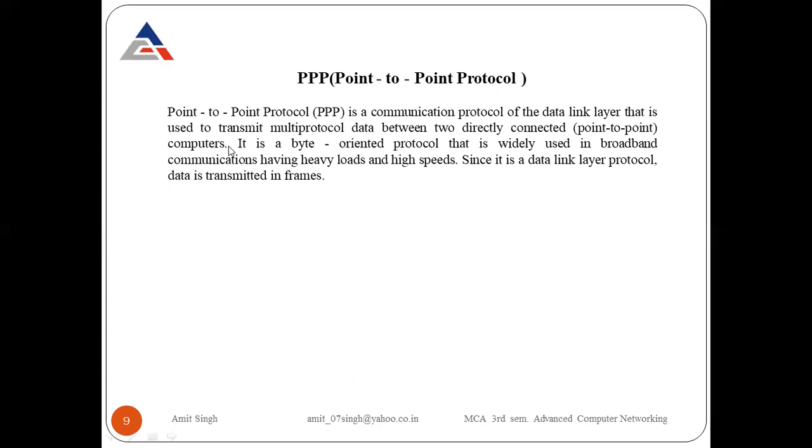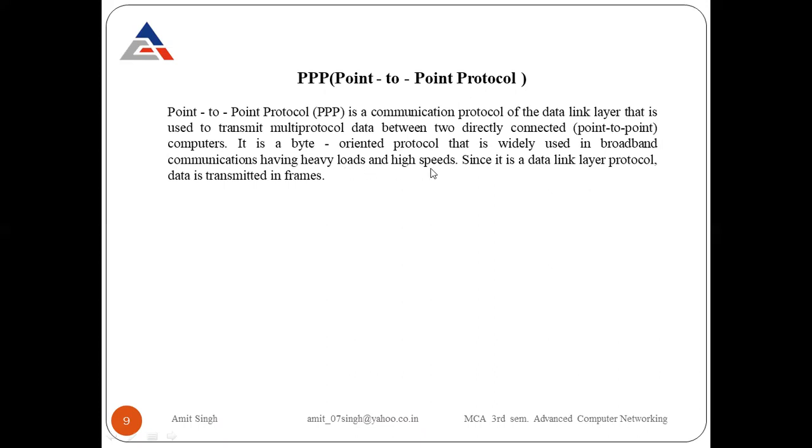Whenever there are two systems which have a dedicated connection or they are directly connected to each other, then we can say here we have a point to point connection over these systems or computers. It is a byte oriented protocol that is widely used in broadband communications, having heavy loads and high speeds.